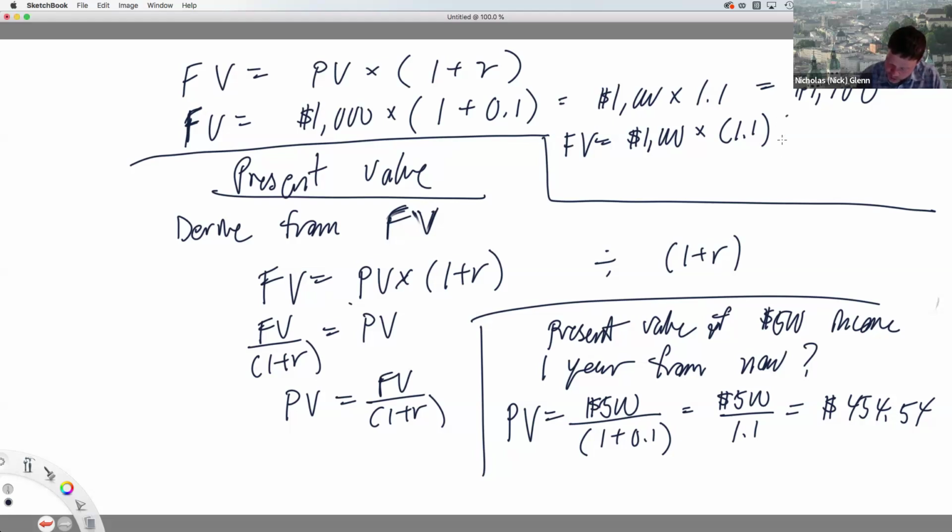So you multiply that again by 1.1, and essentially the future value equals $1,000 times 1.1 squared. This is what we talk about with compounding interest. This is why I always say to start putting money in investments early on, because it keeps building and building, and after a long period of time it starts to grow really fast.